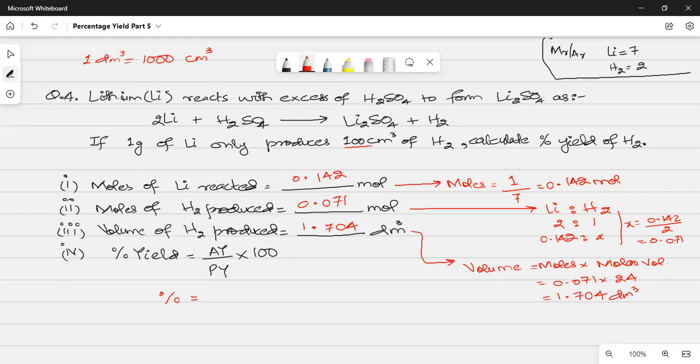If you divide this by 1,000, you'll get your answer in decimeter cube, which is 0.1 decimeter cube. Great. So I'm going to use this 0.1 over here. And since you might already be doing the same, there you go.